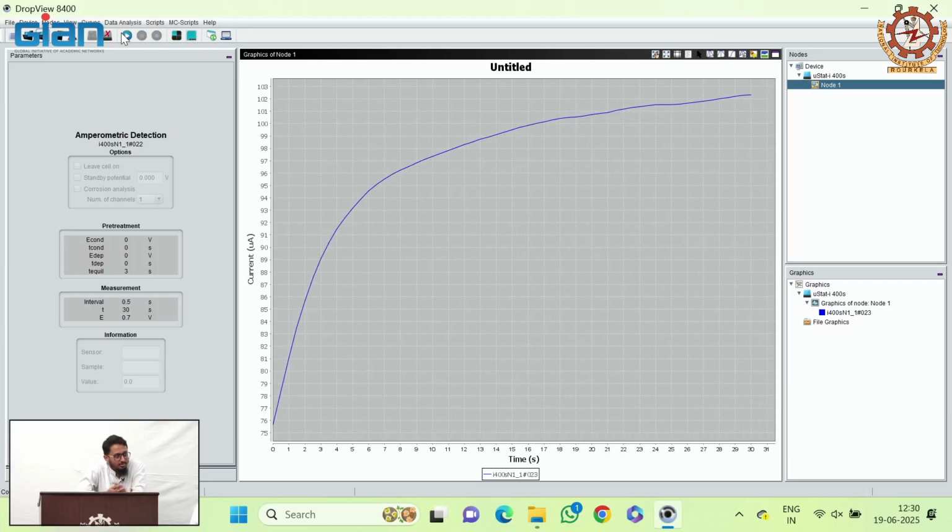So while plotting, you will be using Excel, right? Yeah. Okay. Done. Value 100, 103. Okay. Now we can plot these values in Excel.